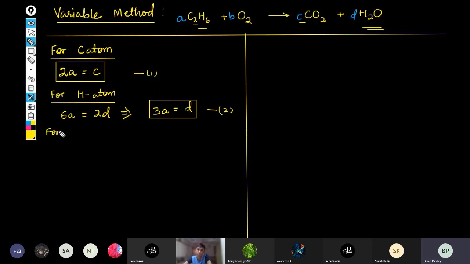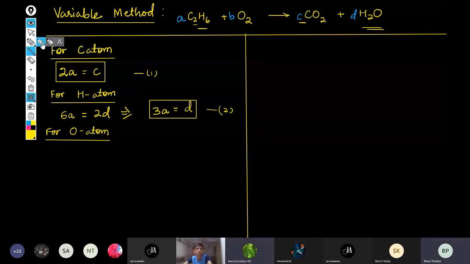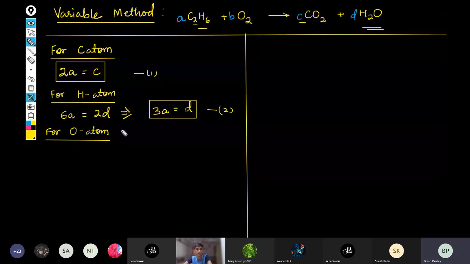Now we have the oxygen atom. Oxygen is present in this compound as well as in carbon dioxide and water. So on the left hand side, how many oxygen atoms are there, children?